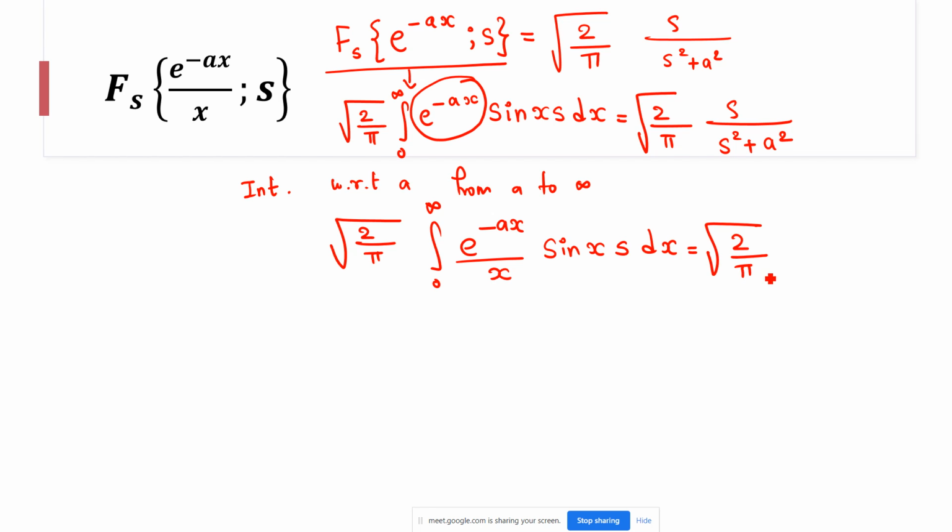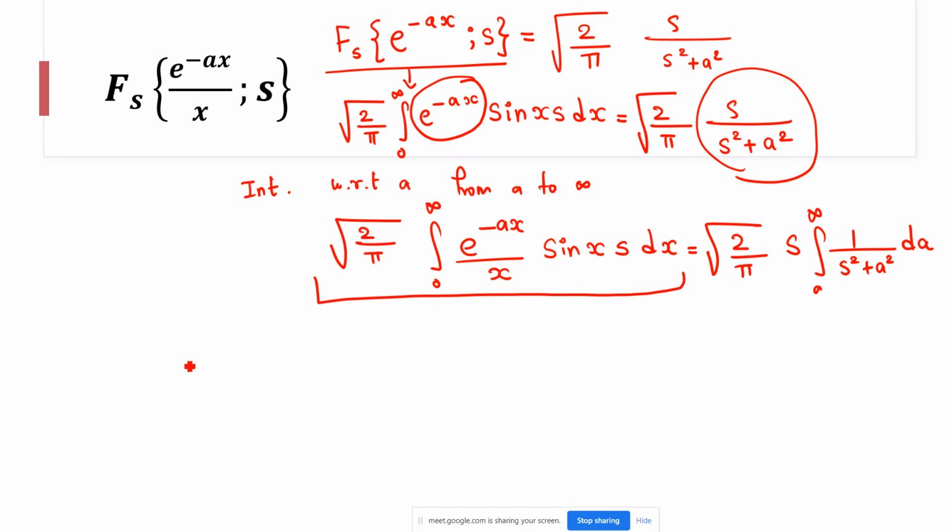Now integrating this with respect to a, s is a constant, integrating from a to infinity 1 upon s square plus a square dA. So actually this left hand side is nothing but what is required.